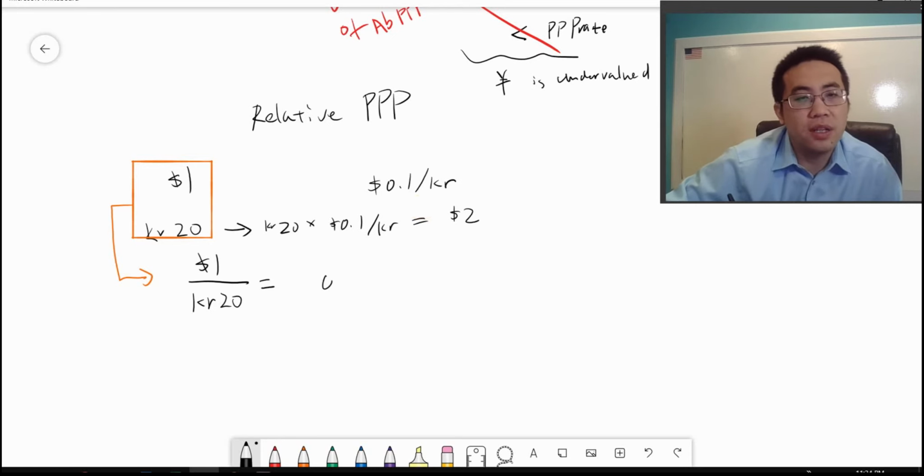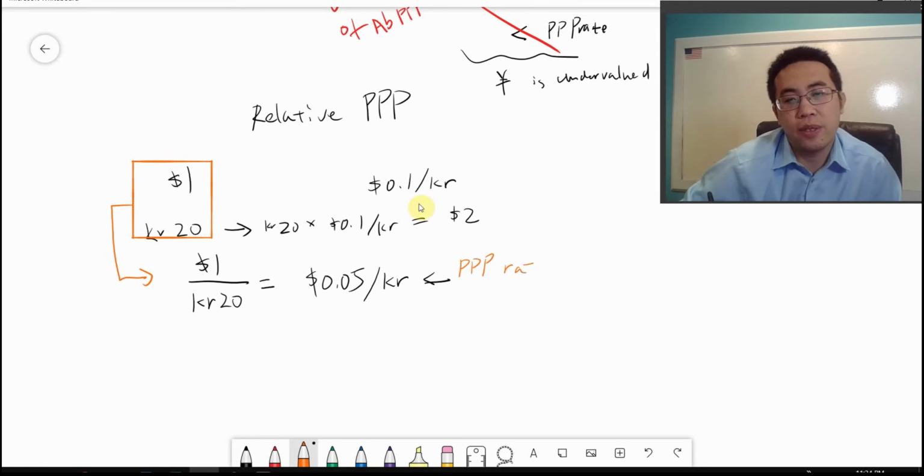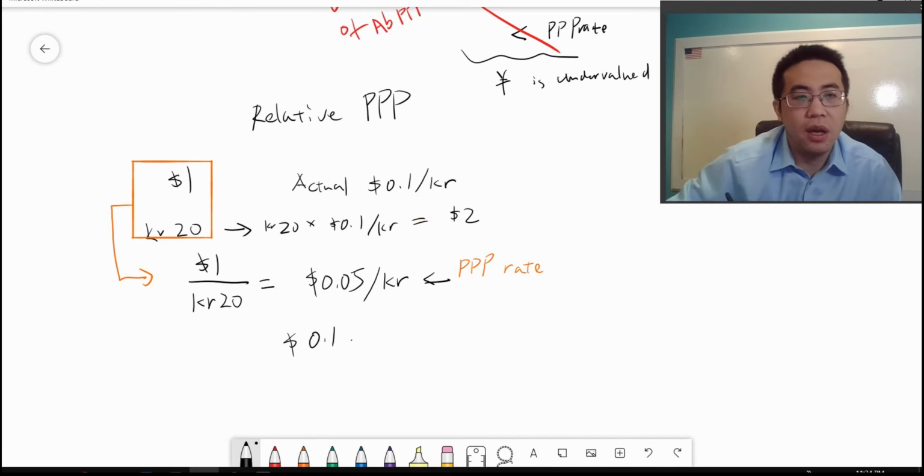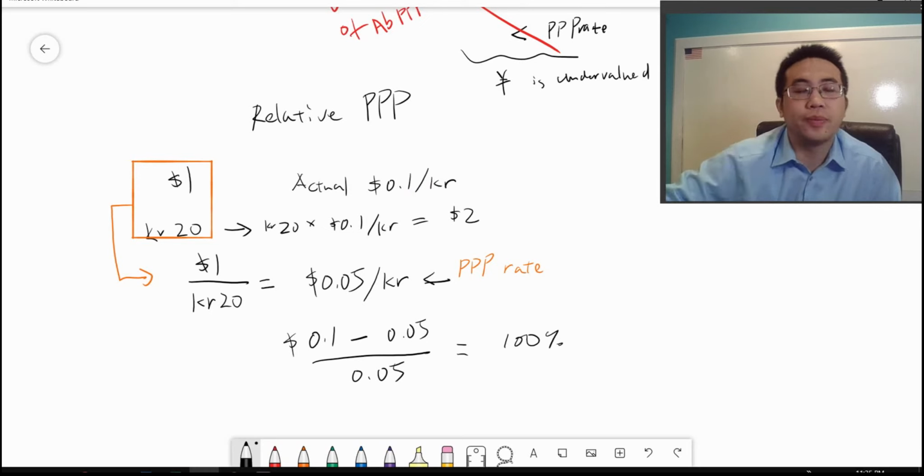So that's going to give us $0.05 per krone. And this is the PPP rate. Okay, it does not matter whether it's absolute or relative at this point. So it's the PPP rate. So how much is the overvaluation? Use the actual rate. Let me just mark this as actual rate to distinguish from the PPP rate. Actual minus the PPP divided by the PPP, so this would be 100%.